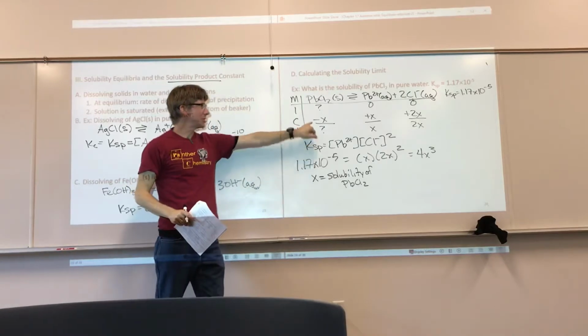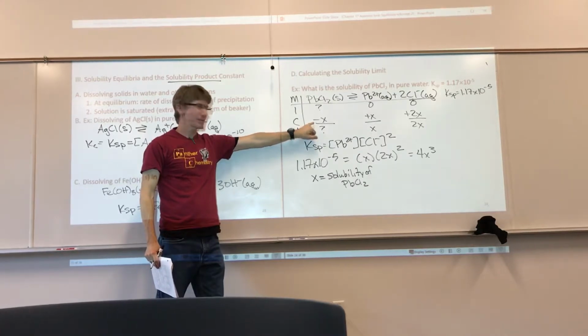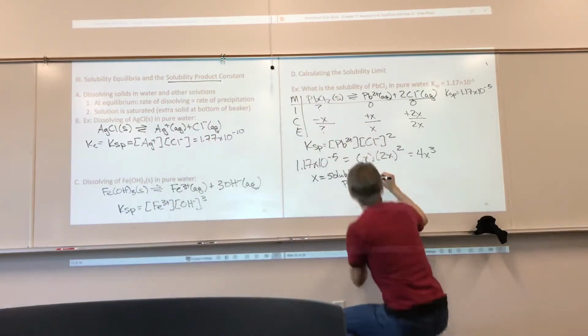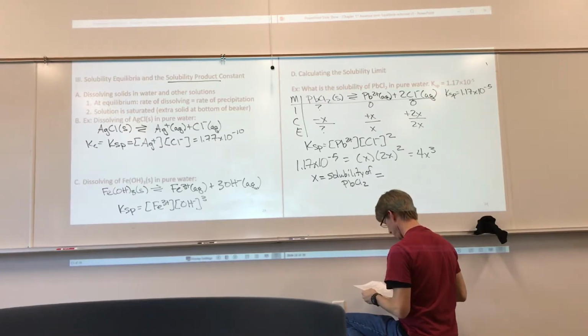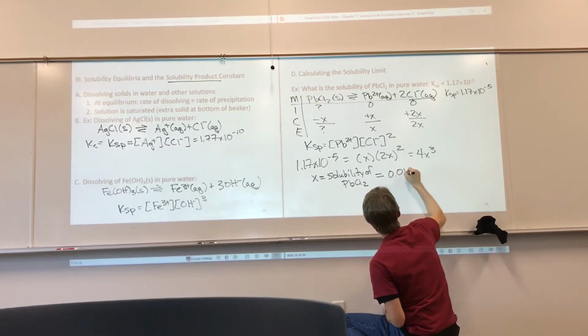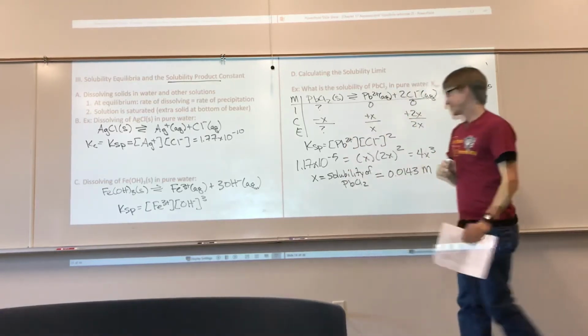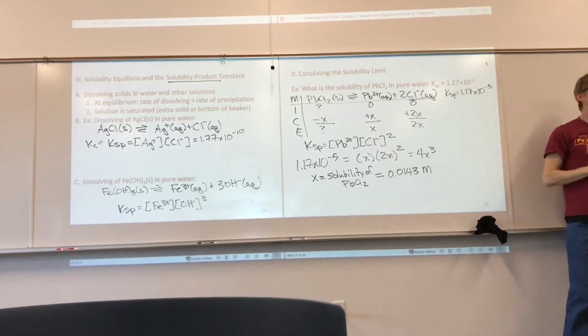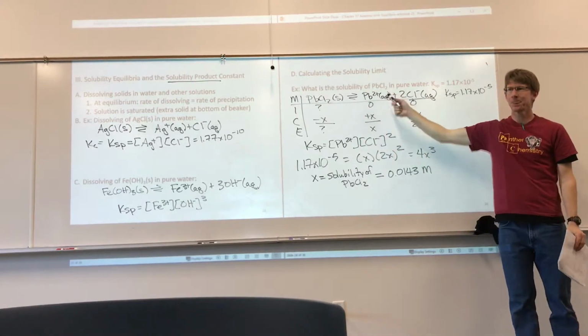X is the solubility of the lead chloride. The solubility is 0.0143 molar. It is also the concentration of lead ions.